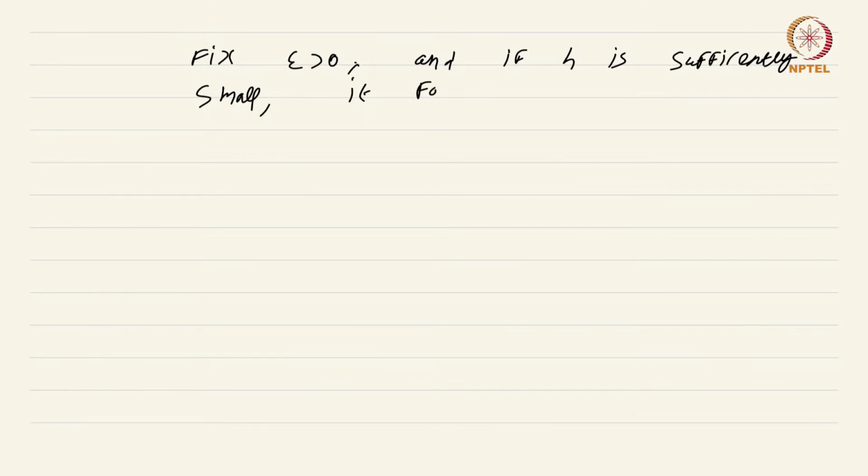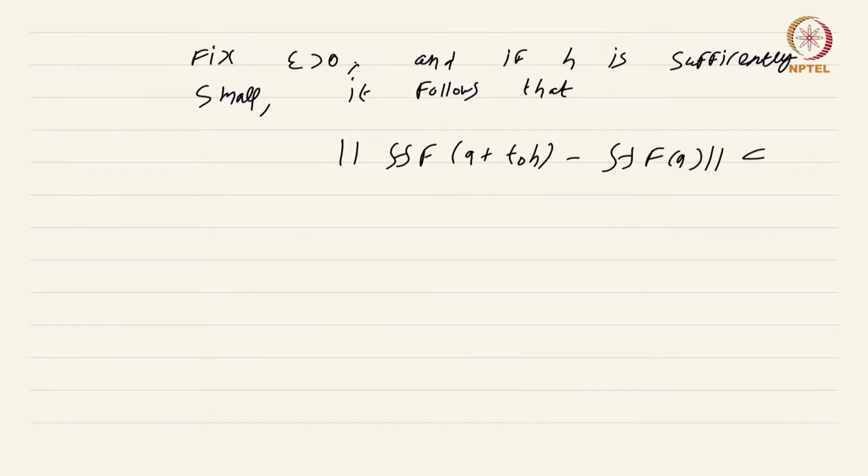So the net upshot is, if you fix epsilon greater than 0, and if h is sufficiently small, it follows that I can make this Hessian of f at a plus t naught h minus Hessian of f at a less than epsilon. Okay, so this just follows from the C2 smoothness. This is rather easy to show.